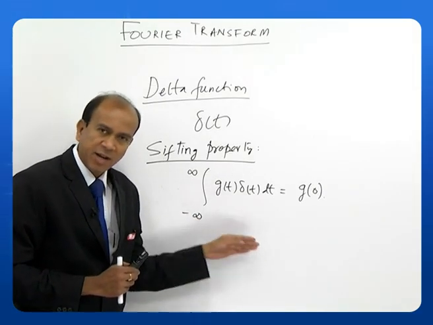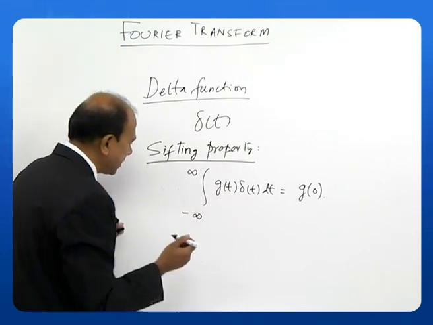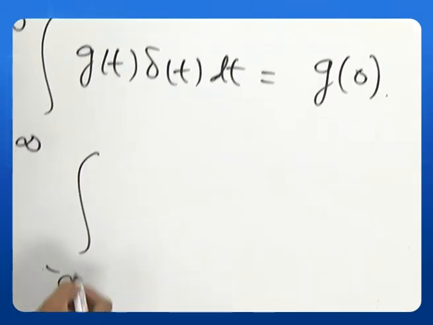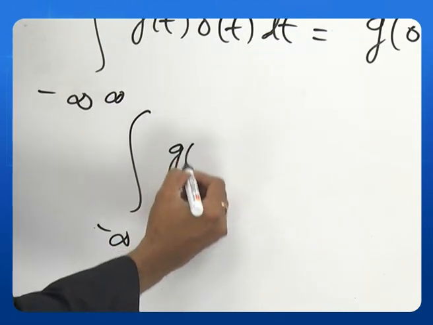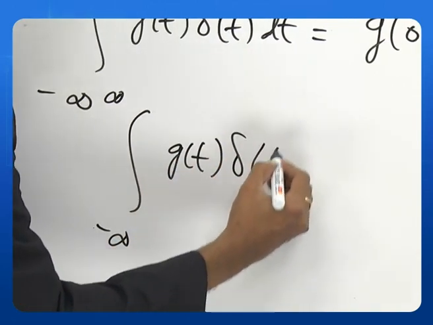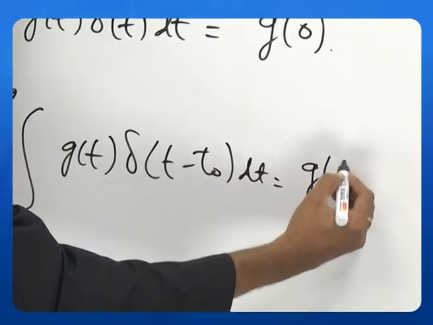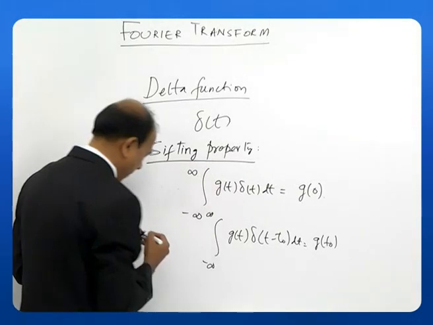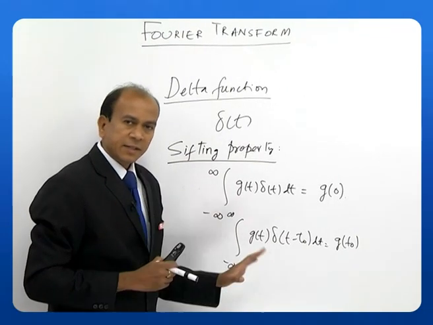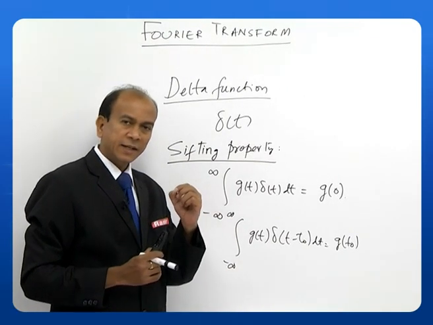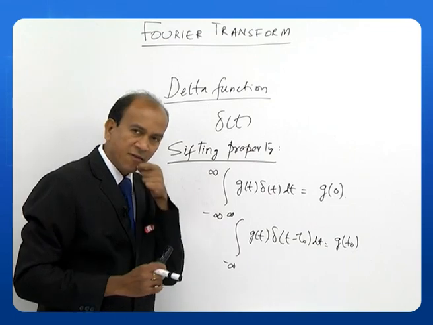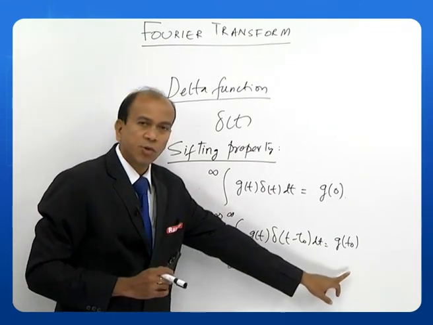We can extend this. We can also say minus infinity to plus infinity g of t multiplied by delta of t minus t naught, then the answer will be g of t naught. Now I am able to select or shift or filter the value of g of t at t equal to t0.